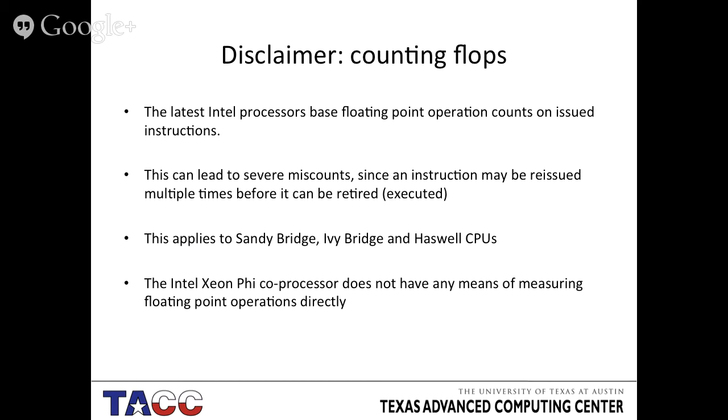And this applies to Sandy Bridge, Ivy Bridge, and Haswell. Also, the Intel Xeon Phi, or MIC, does not have any means of measuring floating point operations directly. So any result you can get there is going to be incorrect.